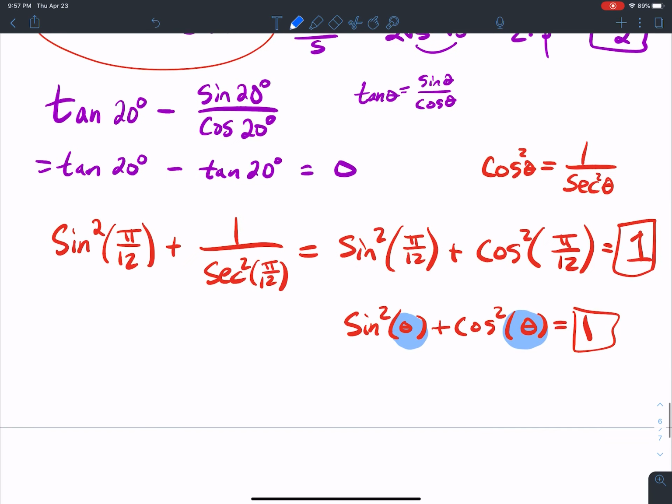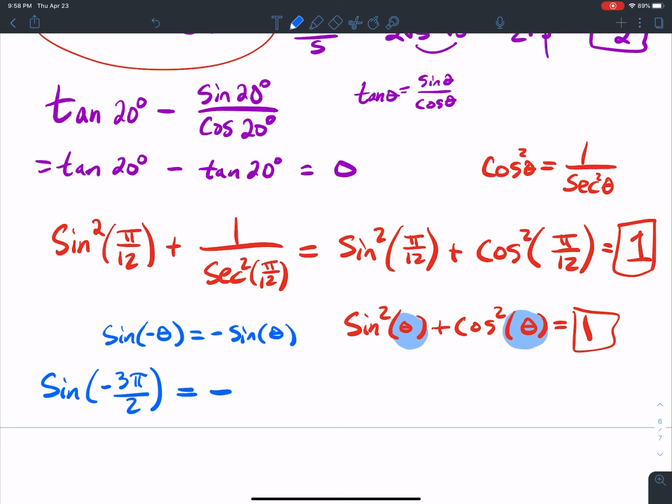Let's find the sine of negative 3 pi over 2. Sine of negative 3 pi over 2. Well, what do we know about sine? Sine is an odd function, so the identity, we have the sine of a negative theta equals negative sine of positive theta. So this is equal to negative sine of 3 pi over 2.